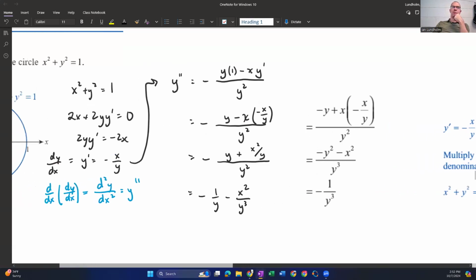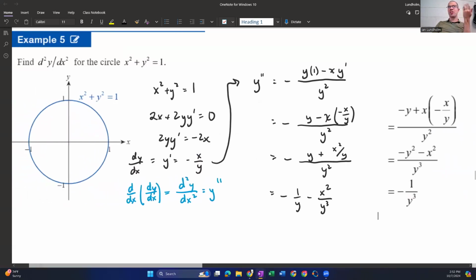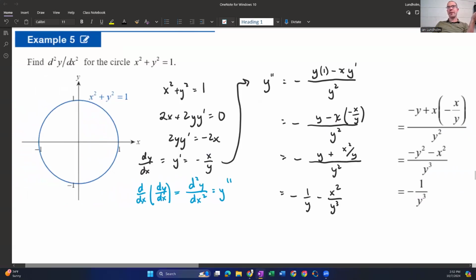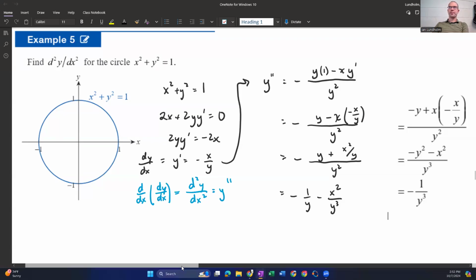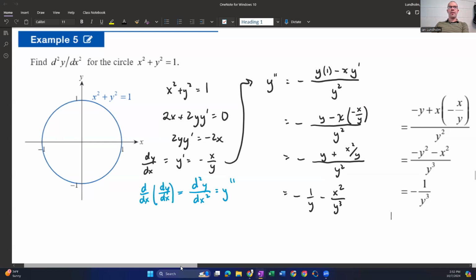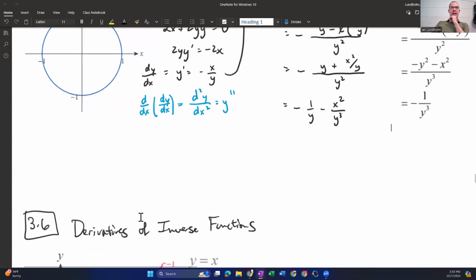So they ended up with -1 over y cubed, which honestly is a little bit more elegant than what I wrote here, but it's not wrong. Yeah, we could work with this too. That's totally the same thing. But anyways, we were able to find a second derivative there, which is cool. More practice with implicit differentiation.